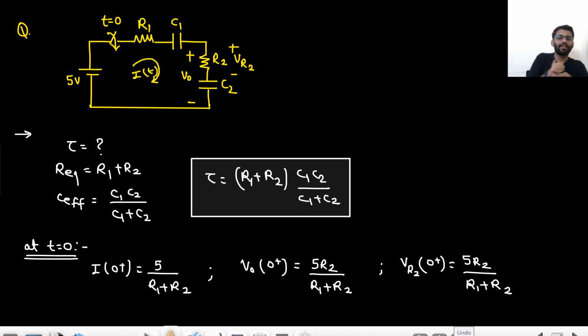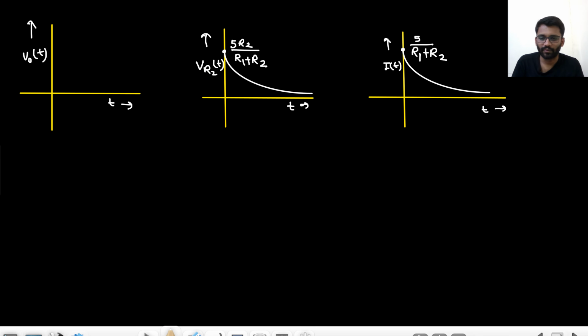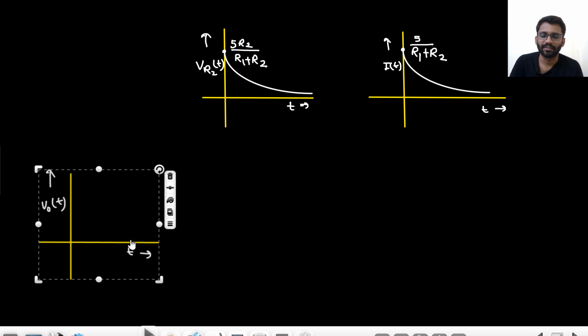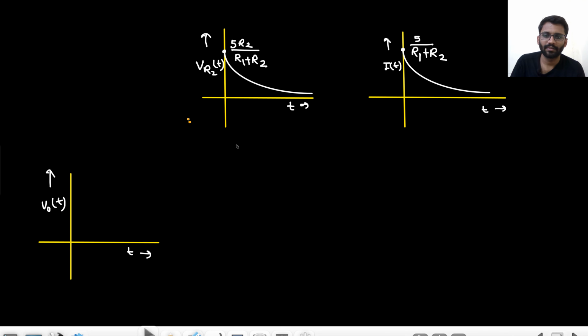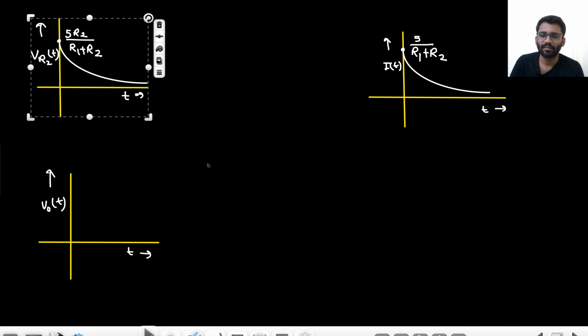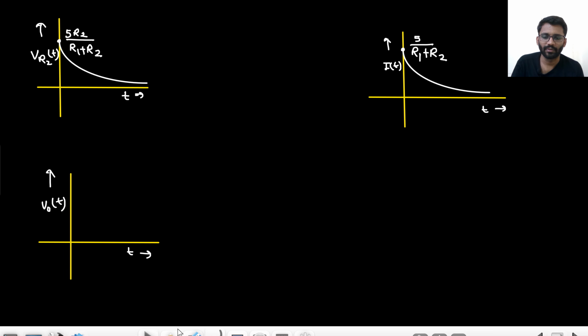Now it depends on the value of RC how the V naught waveform looks like, right? So for V naught, I will have to take conditions, because in V naught(t) there is ambiguity.